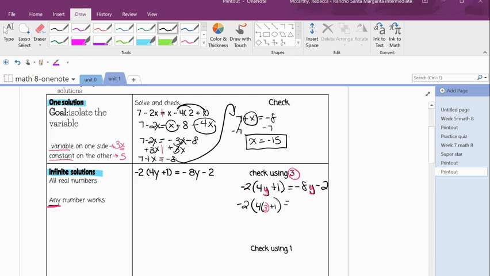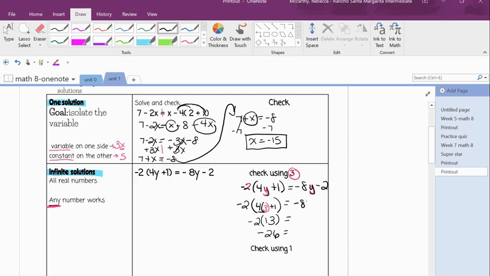Again, I'm going to simplify the left side first. 4 times 3 is 12, plus 1 is 13. Then I multiply by negative 2, which gives me a negative 26. So this side is negative 26. When I substitute 3 for y, what does the right side equal?